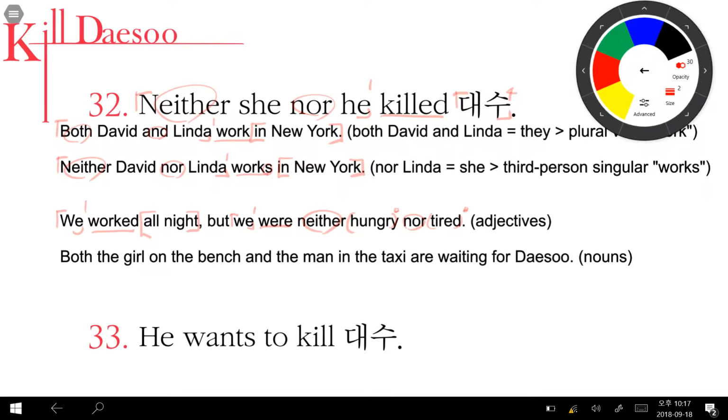For the next sentence, both the girl on the bench and the man in the taxi are waiting for Desu. In that sentence, both and is connecting noun phrases.